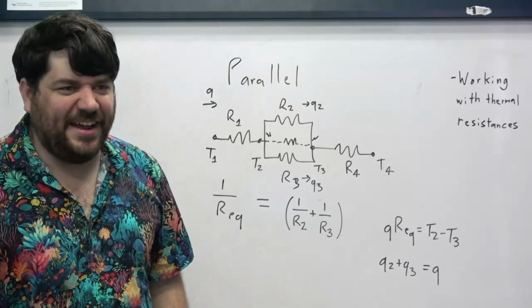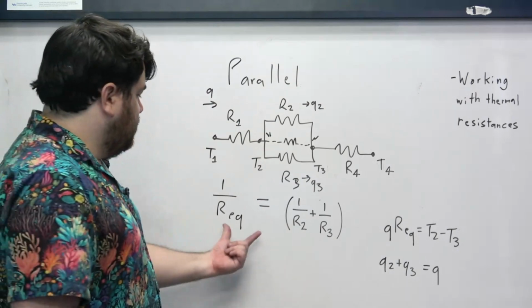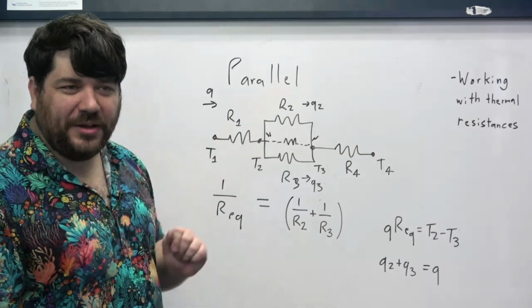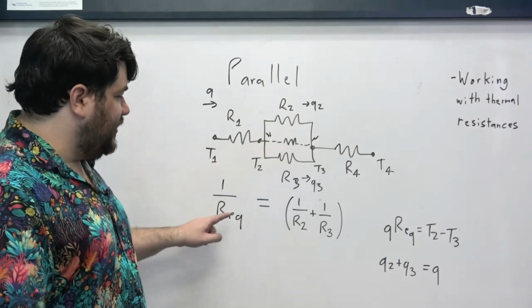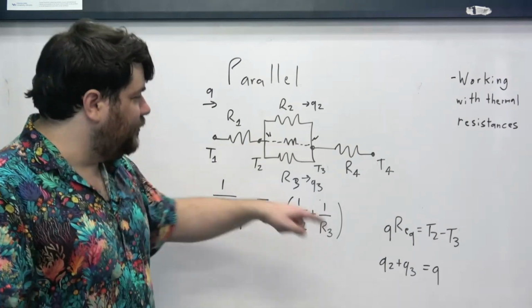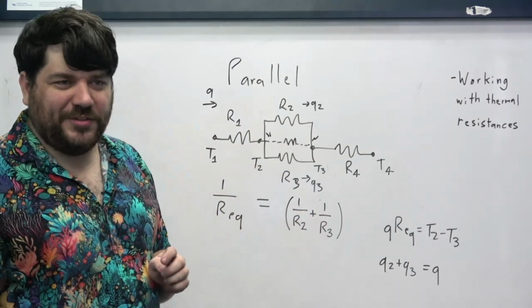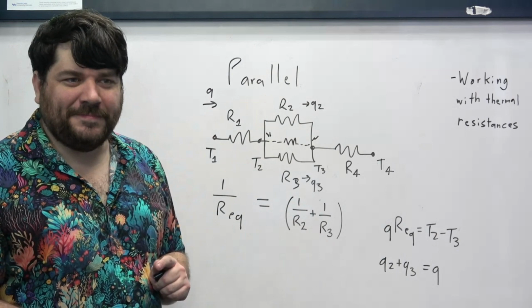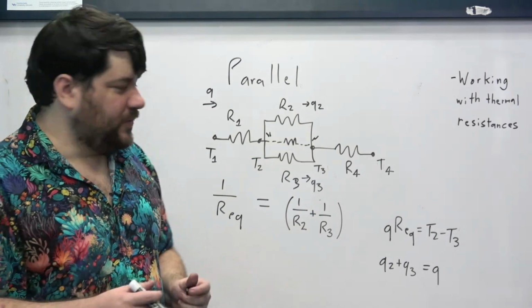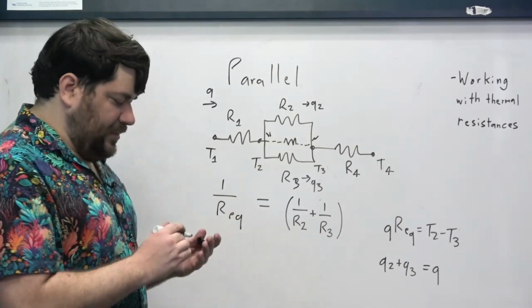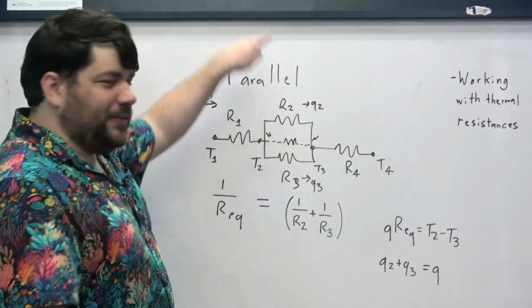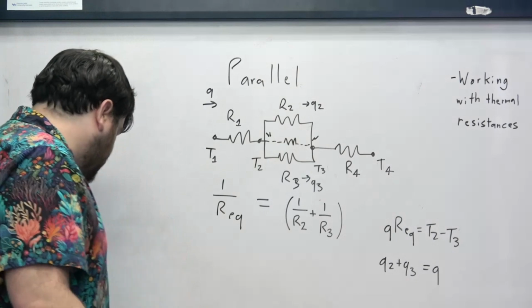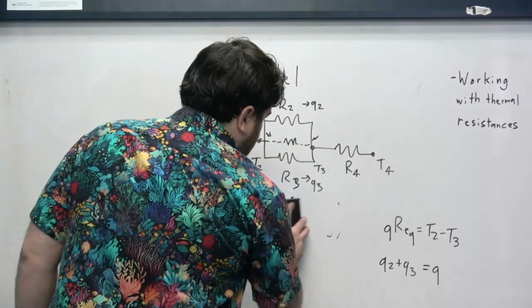So the inverses add. It's kind of a weird idea, but we've derived, right, that for parallel thermal resistances, the inverse of the equivalent thermal resistance we get in the system is just the sum of the inverse of each of these thermal resistances over here. The sum of the inverses. And so this rule applies for any number of parallel thermal resistances that we might consider.